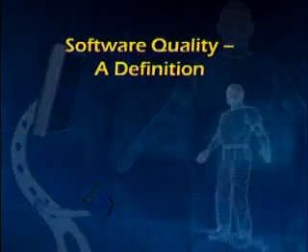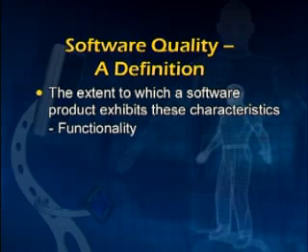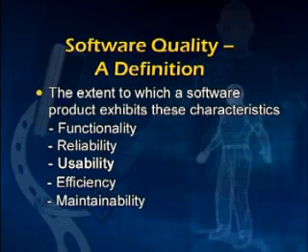Well, let's talk about software quality, for example. Software quality क्या है? Software quality is the extent to which a software product exhibits the following characteristics. And these are functionality, reliability, usability, efficiency, maintainability, and portability.